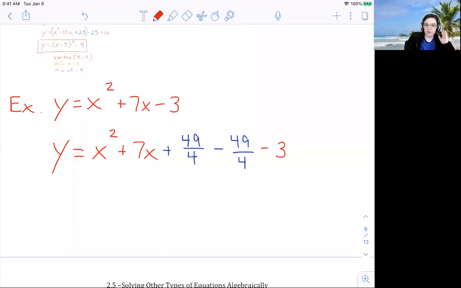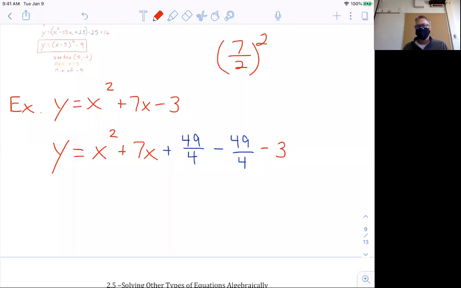So why is it divided by 4 instead of 2? So I took half of the b term, so 7 over 2, and then squared. So then you square the top and square the bottom. All right, good questions. So half of the b term squared. Now, maybe you're thinking to yourself, wait, is he crazy?